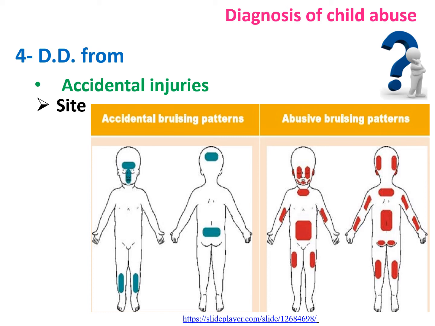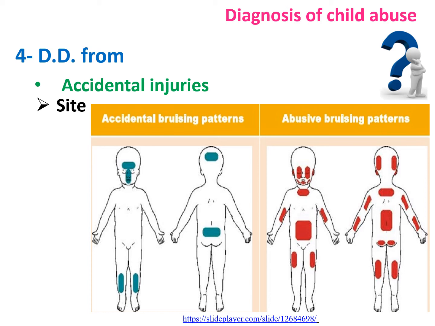But in case of abuse, the bruising is in different sites on different parts of the body, not in the T-zone of the face, but including the eyes and cheeks, the mouth and ears, the back of the head, the neck, the abdomen, the back, and the upper and lower limbs in different parts.